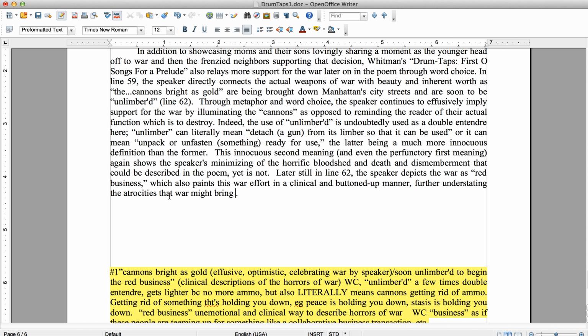Bring to families and soldiers on both sides.